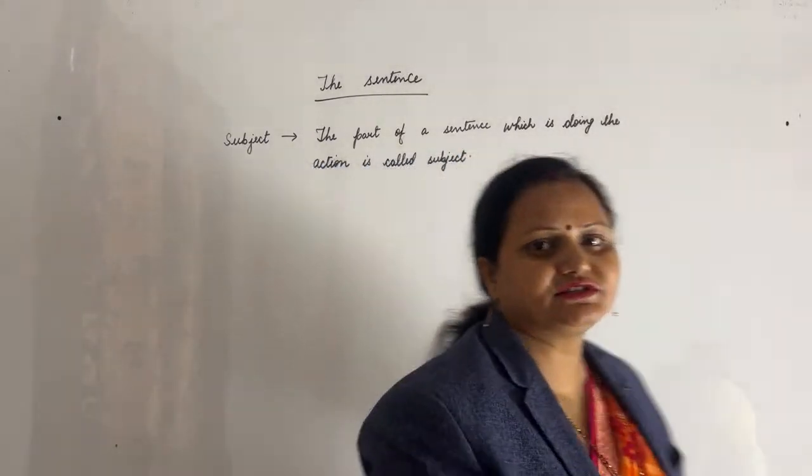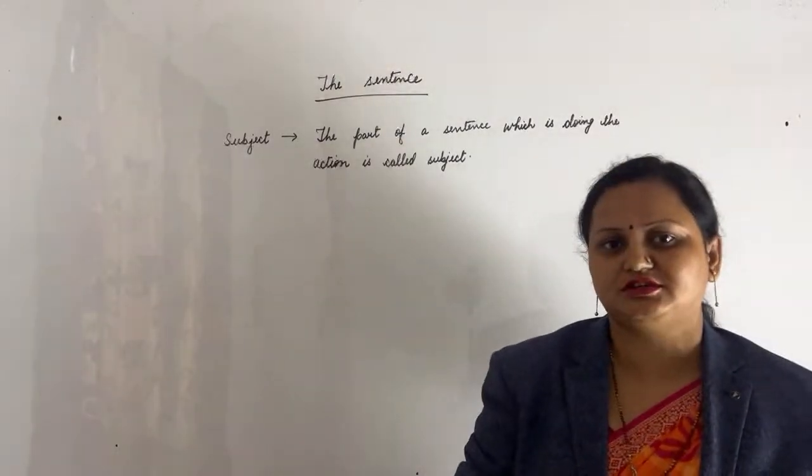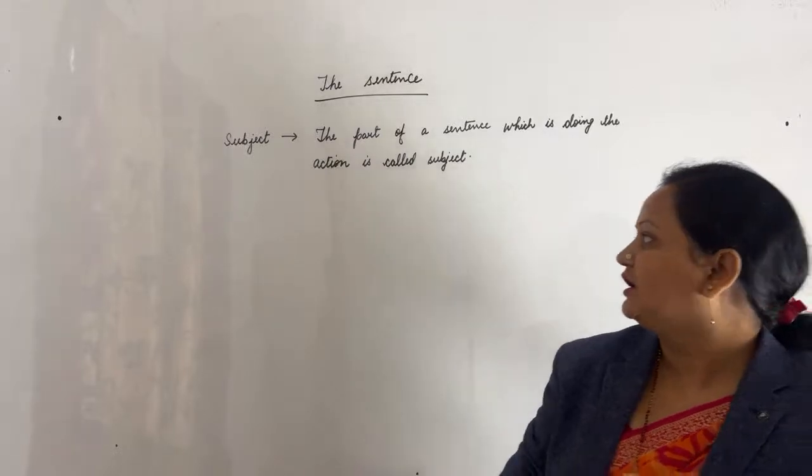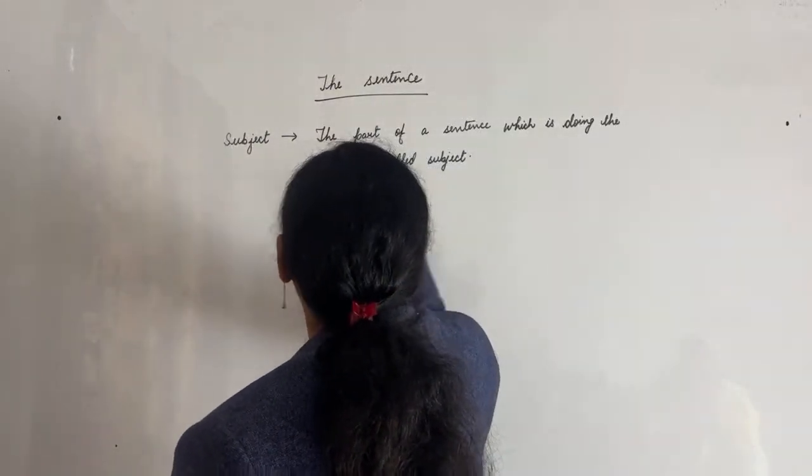We have read about this in the previous class also. The part of a sentence which is doing the action is called the subject. Let's see with some examples.